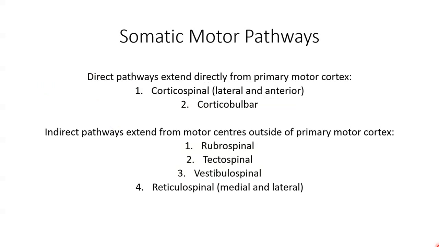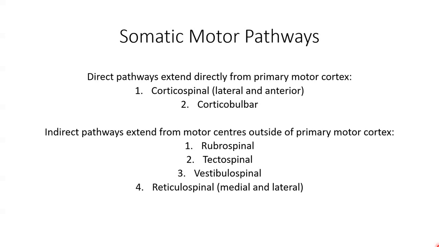Now, the axons of the upper motor neurons extend down from the brain and the brainstem via two types of pathways, either direct or indirect. A direct motor pathway provides input to lower motor neurons via axons that extend directly from the primary motor cortex.